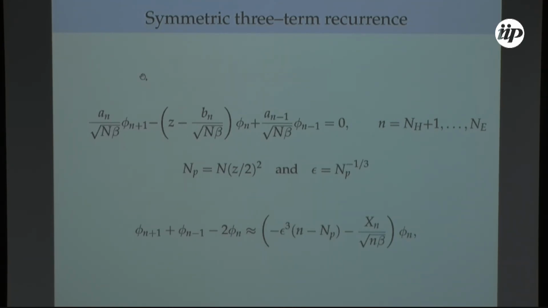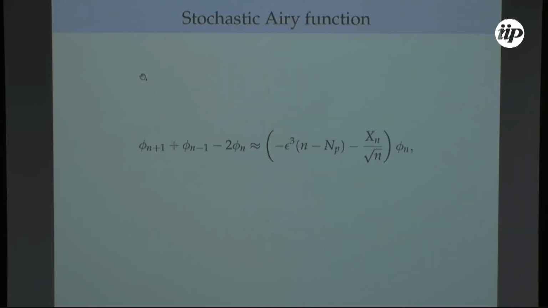And if you work out what's left over, you have that this second derivative in n is approximately some fluctuating part, some factor of 1 over n, and then phi n. So if you were to pass to a scaling limit of that, this is becoming a second derivative, and you're going to get this equation.